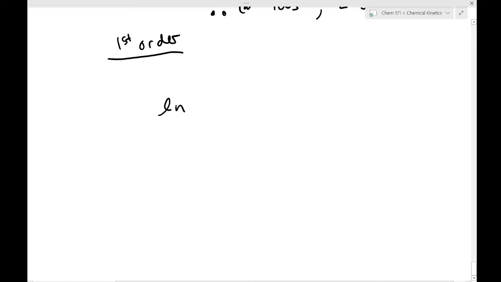I'm going to write it a little bit differently than you have seen it. You can go back to the integrated rate law for the first order and verify that the way I'm writing it is equivalent to the way I wrote it earlier. So we can rewrite this as ln of A_t over ln of A naught is equal to negative kt.